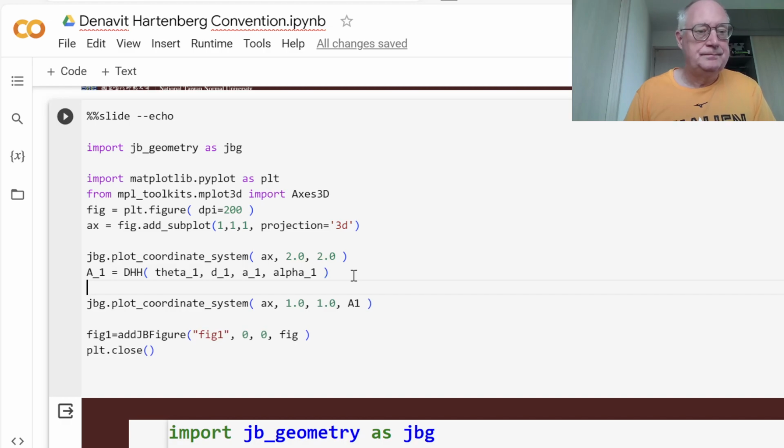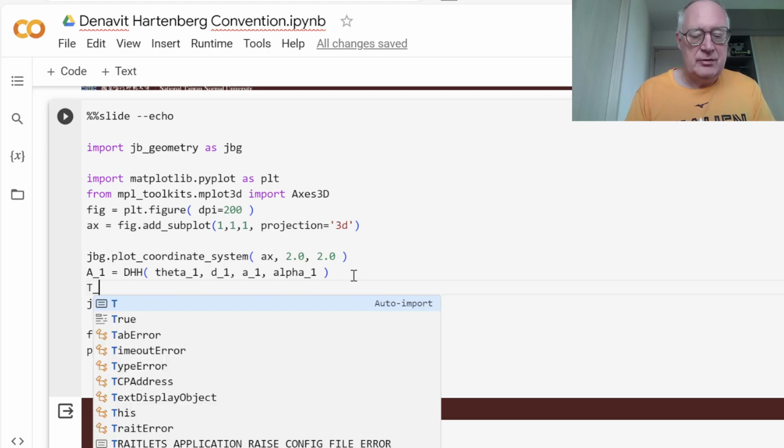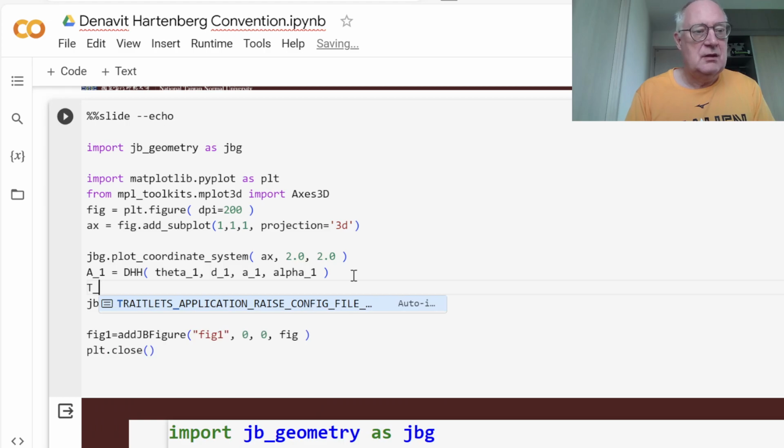A1, or since it's the transformation matrix, I can just set it as A1 and then I keep plotting T.